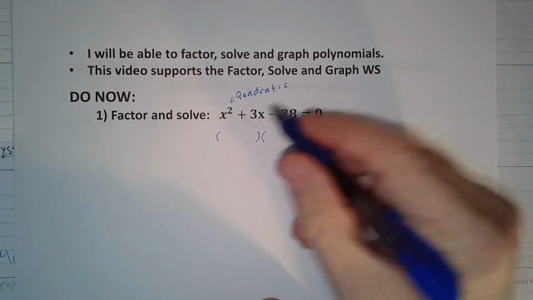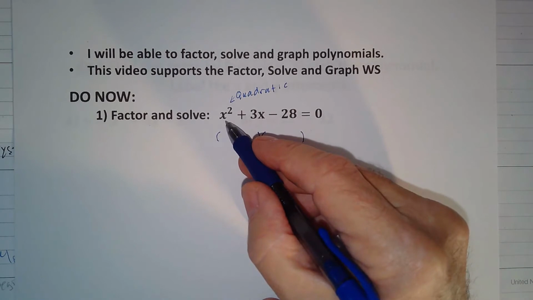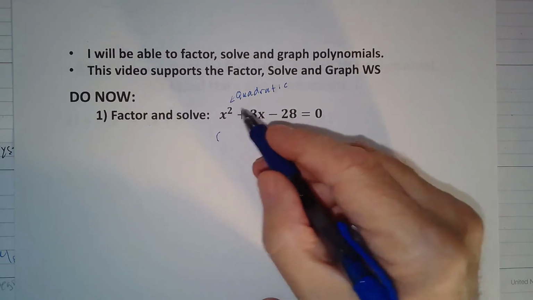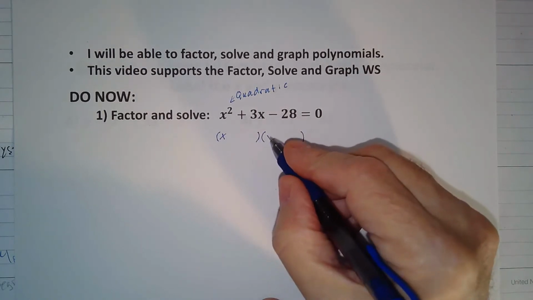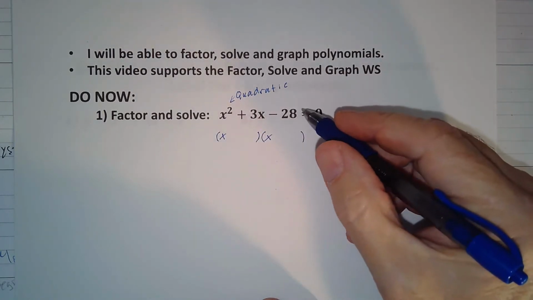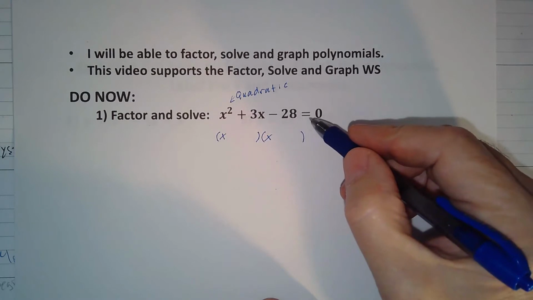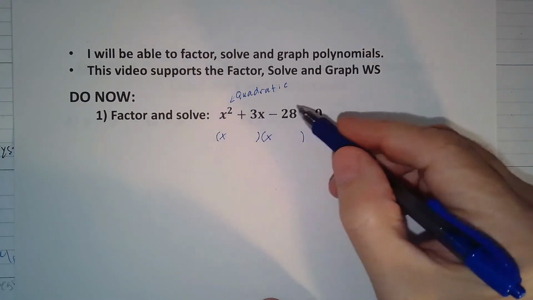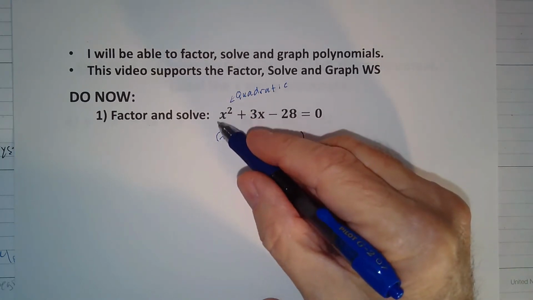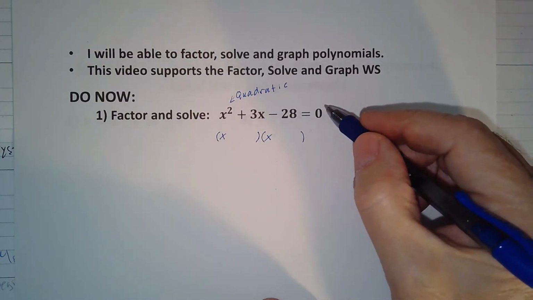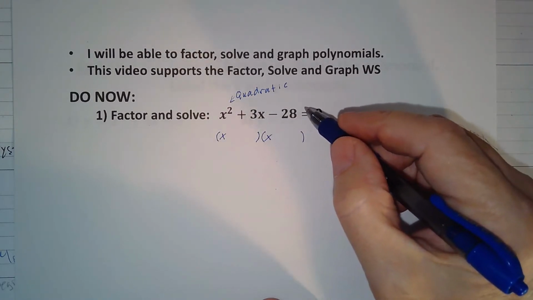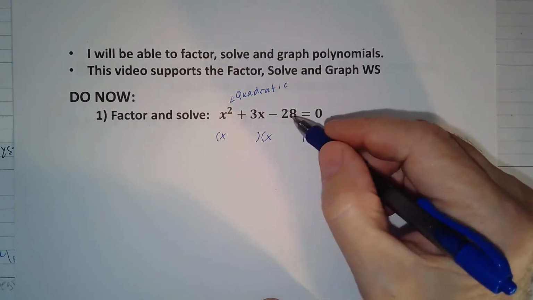And so we have x squared here, of course. And so x squared factors into x times x. And then we're looking for, well, do we see a greatest common factor? No, because x has an assumed number 1 multiplied to it. So we don't worry about greatest common factor.